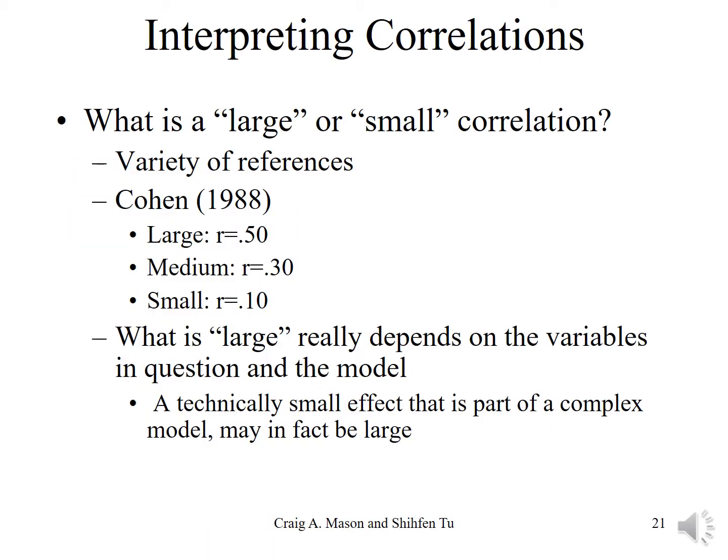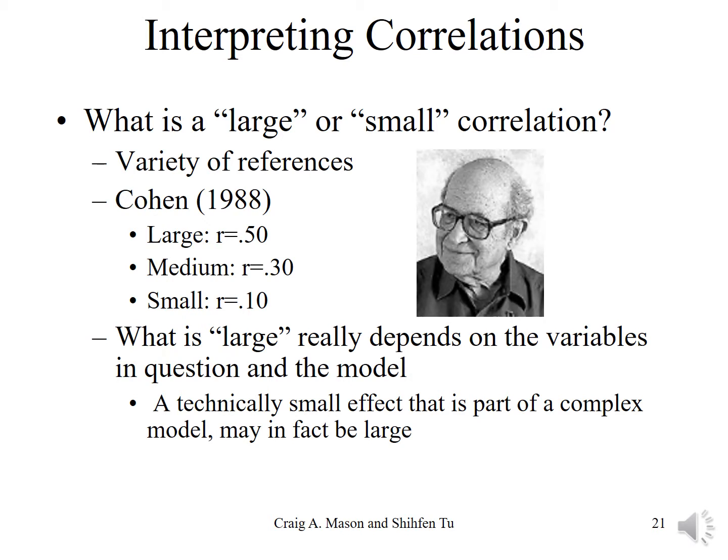Because it's standardized and can only fall between -1 and +1, once you calculate a correlation coefficient, the natural question is, what constitutes a large correlation? There are a variety of guidelines that people have promoted, but probably the most common are the ones proposed by Jacob Cohen.